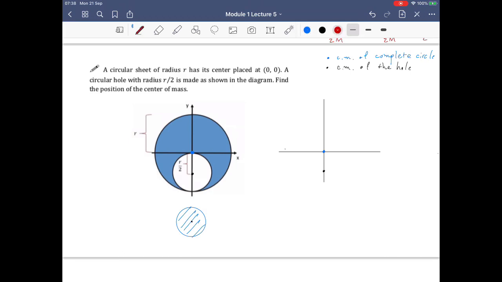Okay, now you have another center of mass, which is the center of mass of the circle with the hole, which is what the question asked you to find. So let me denote that center of mass by the red dot here.